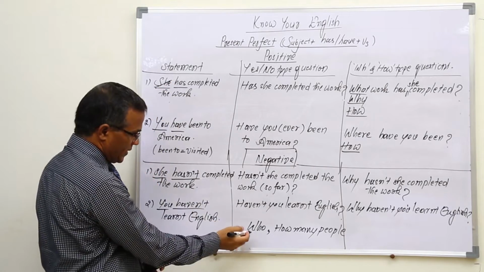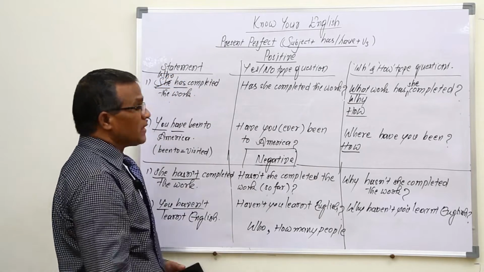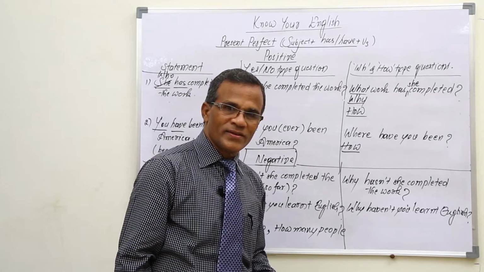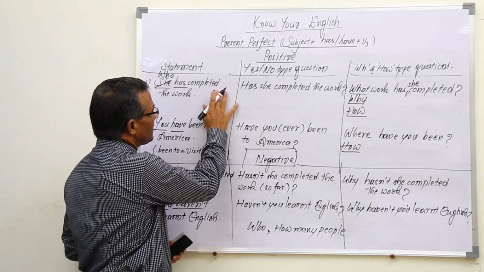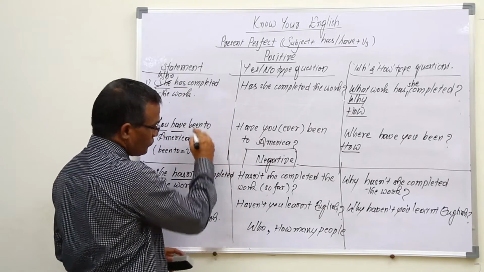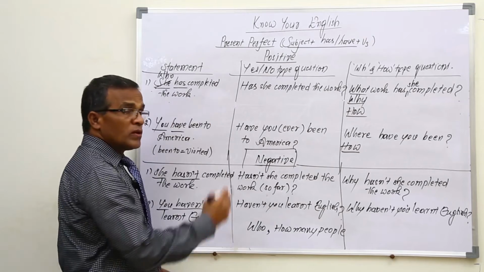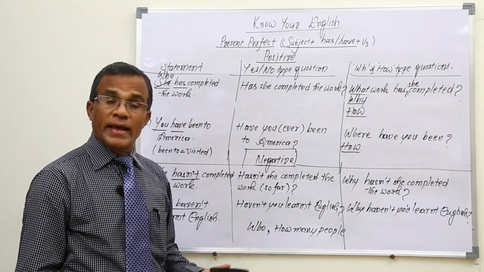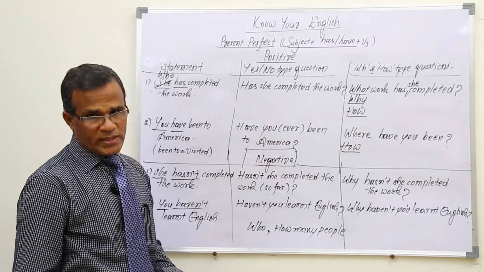Removing this she, if you use who, then who has completed the work? It becomes a question then. And then how many people have completed the work? As it is plural, how many people have completed the work?